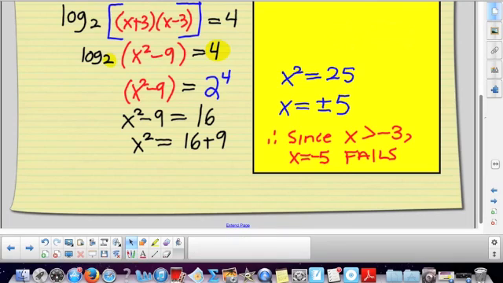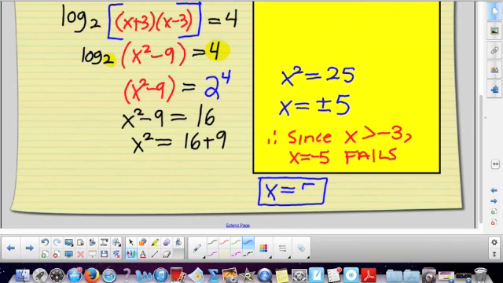However, my final answer is going to be x is equal to positive 5, since this answer satisfies the condition that x is greater than 3 as well as x is greater than negative 3. It satisfies both conditions. Does that make sense?